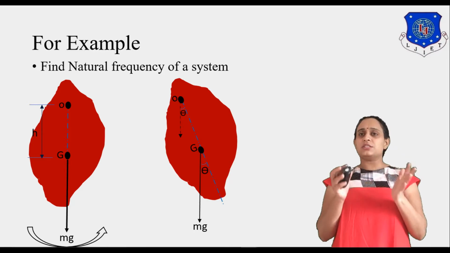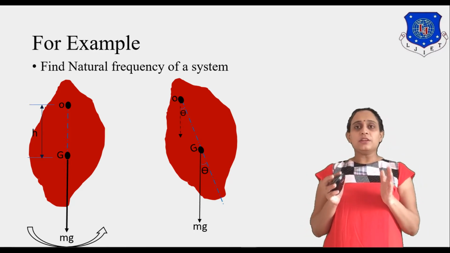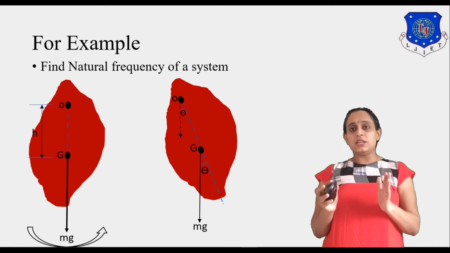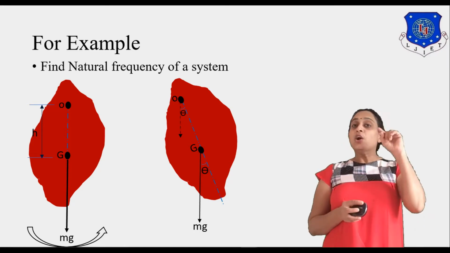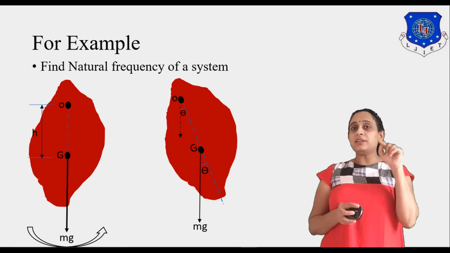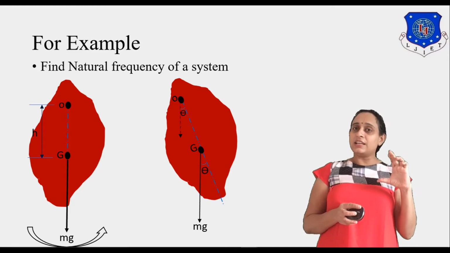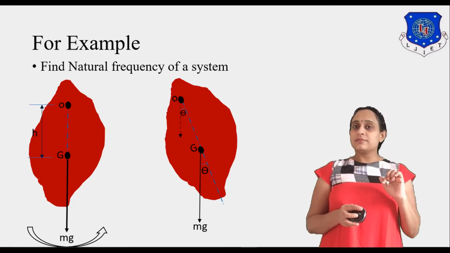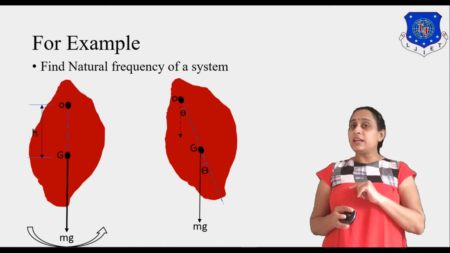In short, we have a rigid body of weight m into g, where m is the mass, g is the gravitational acceleration, O is the oscillating point, G is the center of gravity, and h is the height from O to G.